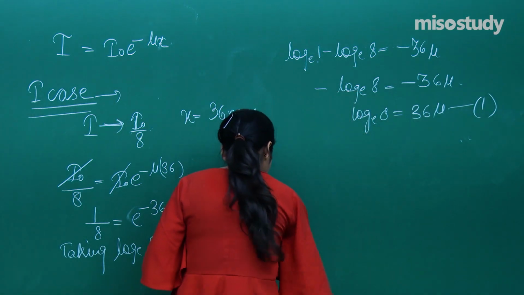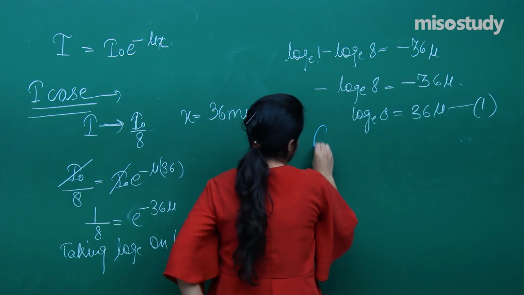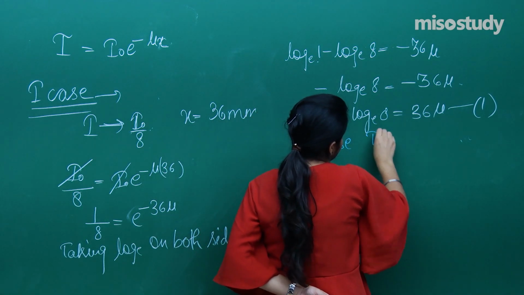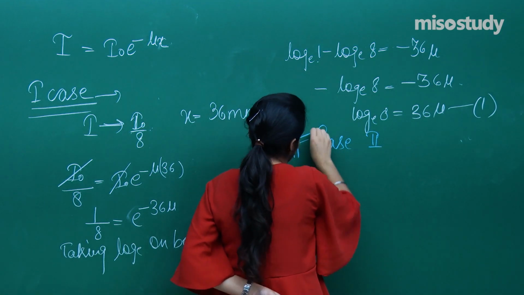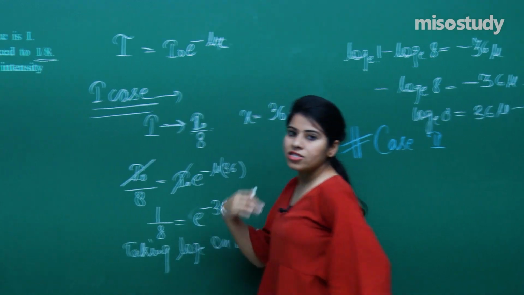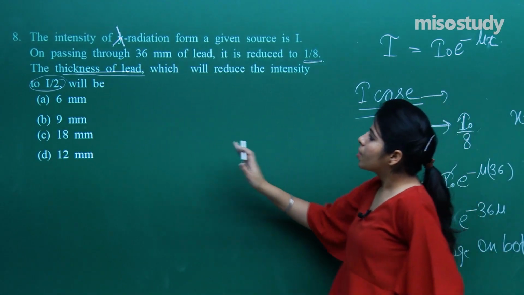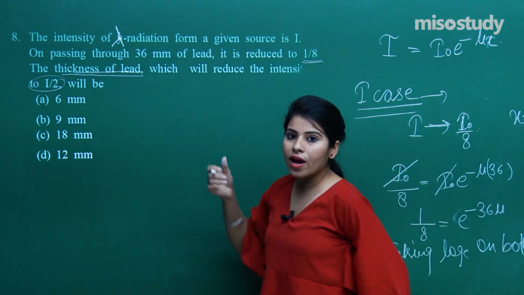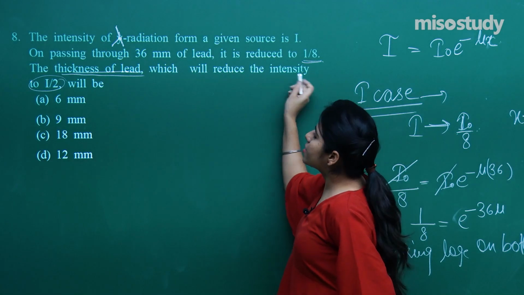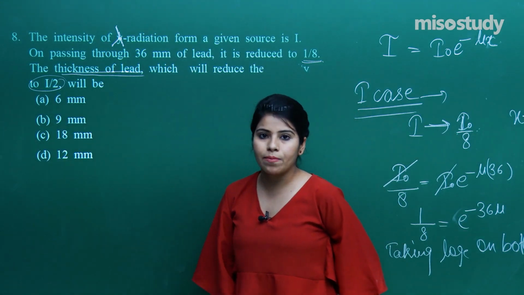Now let me consider the second situation as the second case. In the second case, the thickness of lead we have to find and the intensity has been reduced to I by 2.